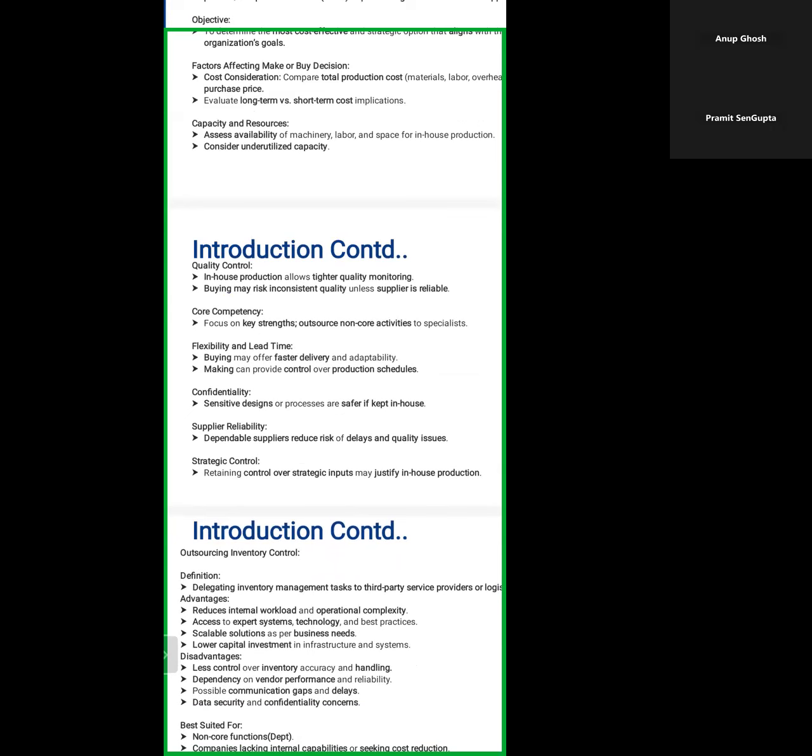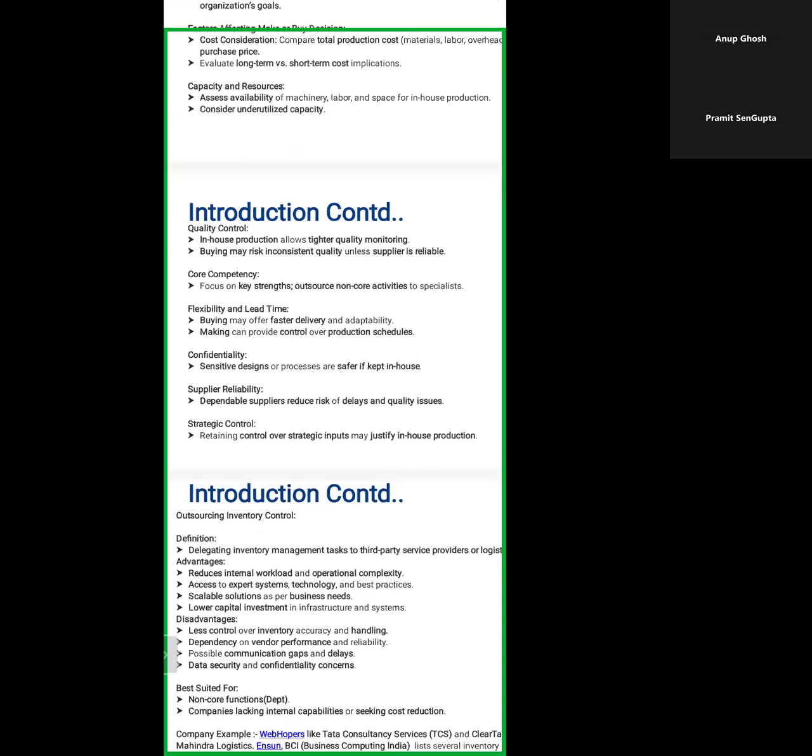Delay in quality issues and reduction of risks are two sides of this parameter, through which the confidentiality of the project is evaluated. Strategic control is also another aspect through which this make or buy decision is being judged, for both in-house and outsourced production.